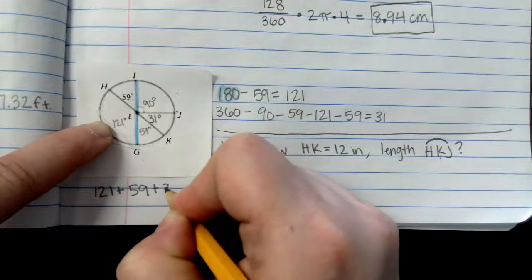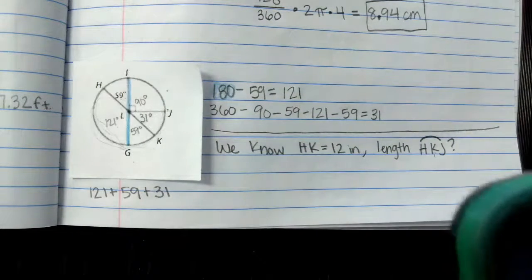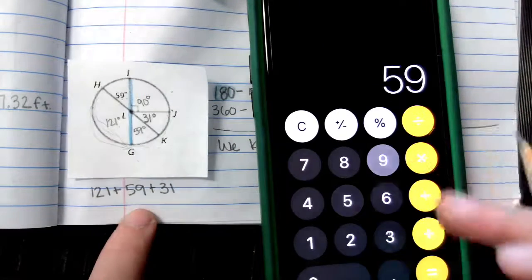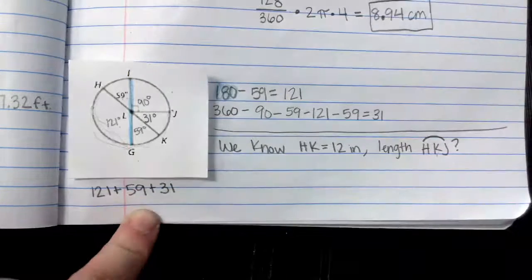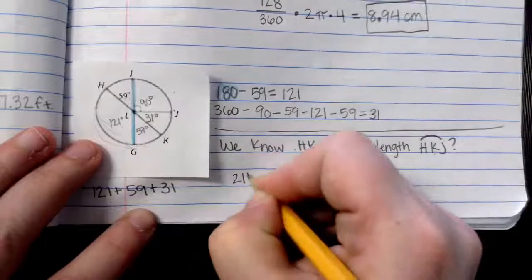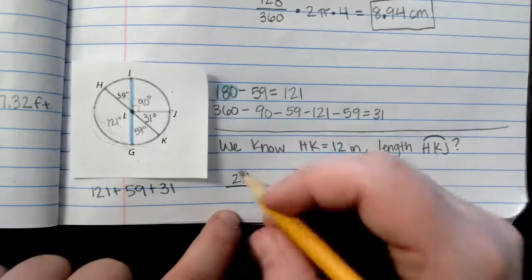With our circumference, we use 2 pi r, or pi times diameter. So what part are we given? We know HK is 12. Is HK a radius or a diameter? H to K is a diameter. So should I do 2 pi r or pi times d? Pi times d.